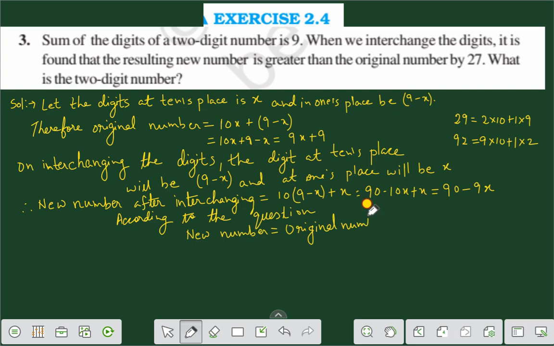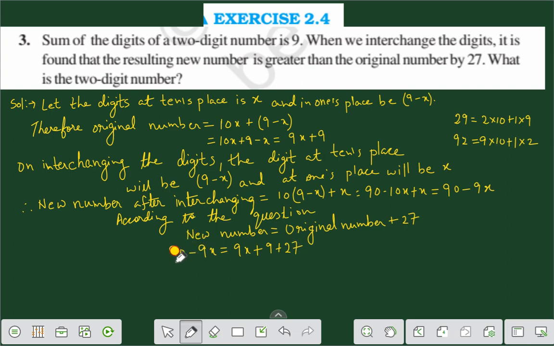And the new number is 90 minus 9x, which is equal to the original number 9x plus 9, plus 27.